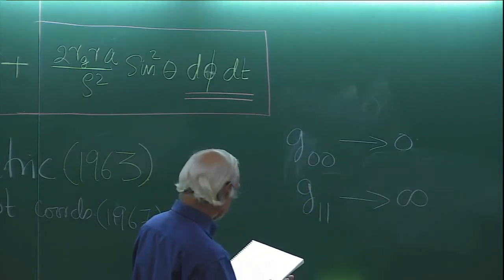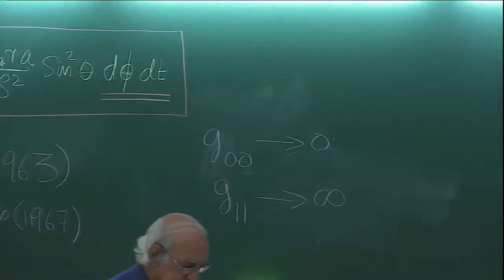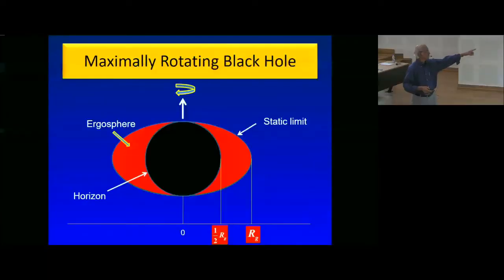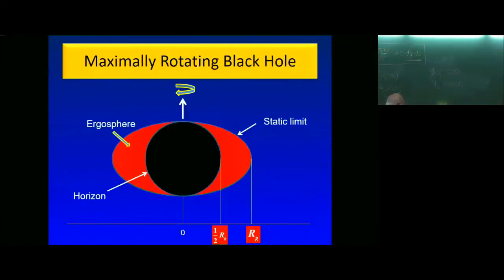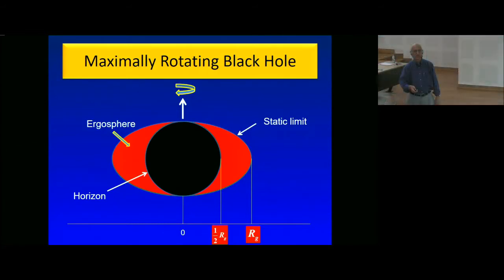Now, if you take theta equal to pi by 2, you'll find that there are two surfaces. The first surface is oblate, and the other one is spherical, and they meet at the poles. This distance from the center is our gravitational radius, or the old Schwarzschild radius, 2GM by c squared. And this distance is half of that.